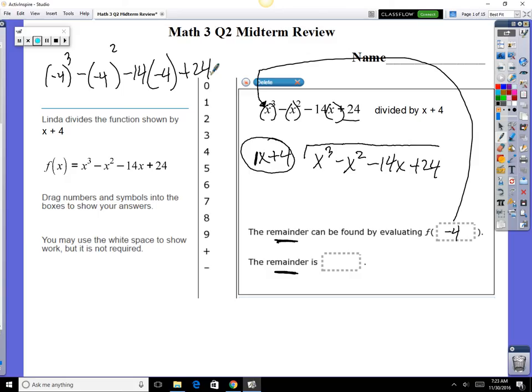That will give you the remainder. So negative 4 cubed, subtract parentheses negative 4 parentheses squared, subtract 14 parentheses negative 4, plus 24.